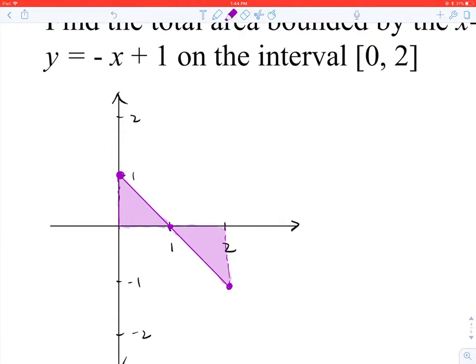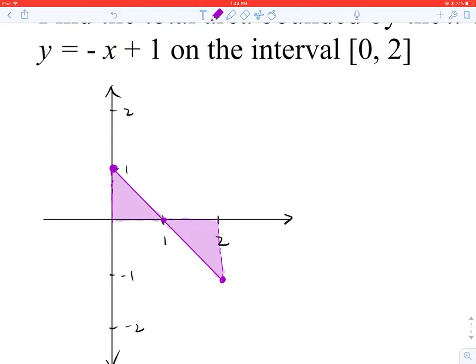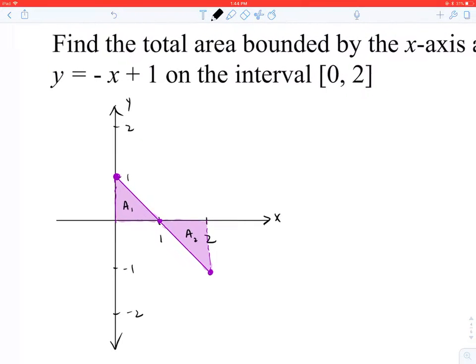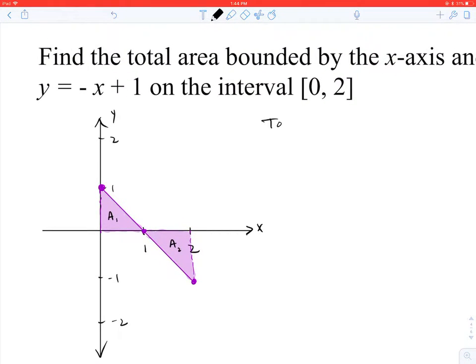So because the function dips below the x-axis on this interval, I'm going to have to split up the area. So this is area 1 and this is area 2. So the total area will be area 1 plus area 2.